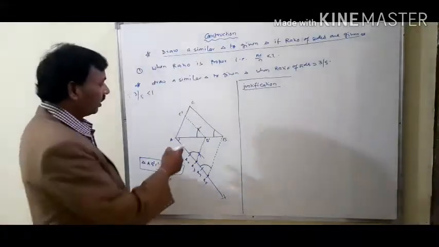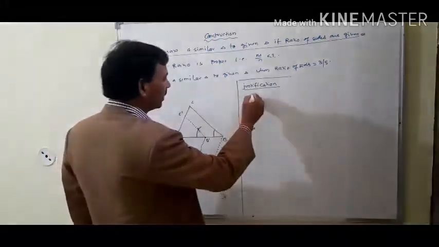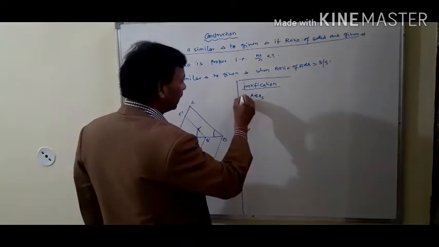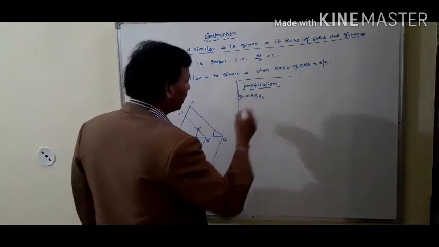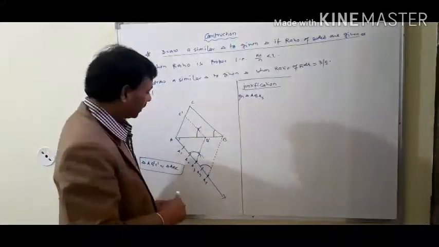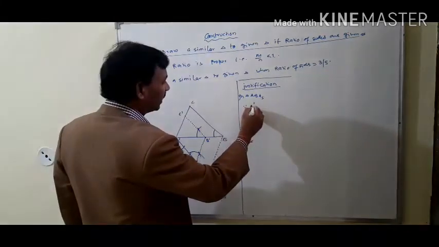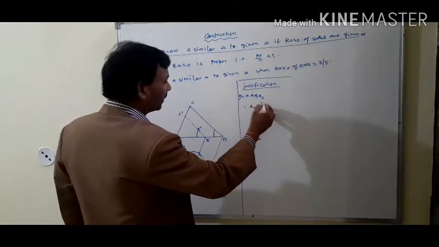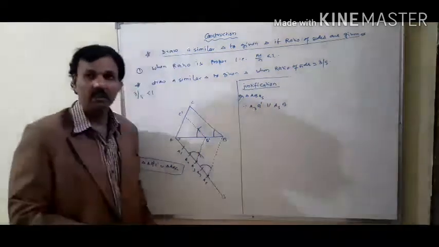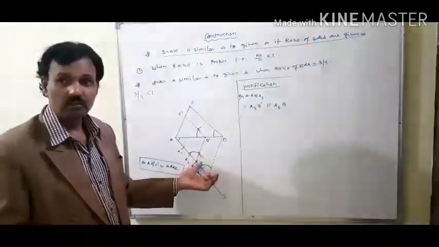First, take triangle ABA5. In triangle ABA5, A3B dash is parallel to A5B by the construction.